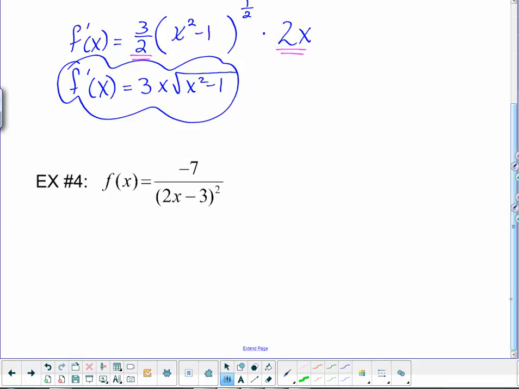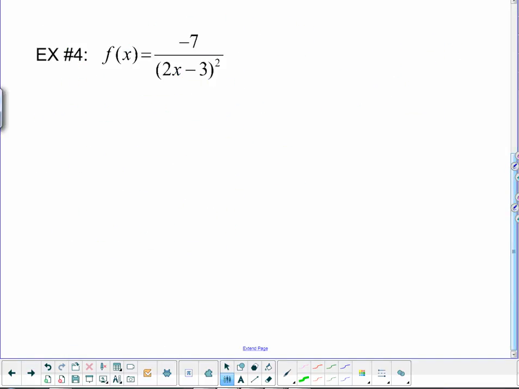Number 4, let's rewrite. And this time, I see that it's coming from the denominator, so I'm going to have -7 times 2x minus 3 raised to the power of -2. The -7 is not really going to interfere with anything. It's just a multiplier.